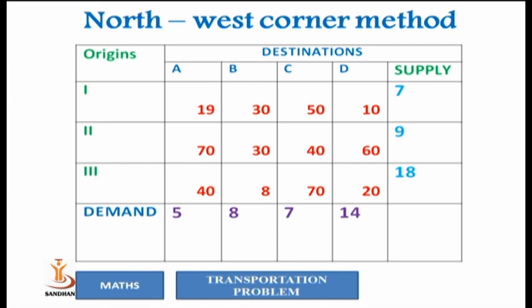The numbers like 19, 30, 50 and so on up to 20, denoted in red color here, represent the transportation cost associated with each unit. Now, let us try to solve this example.